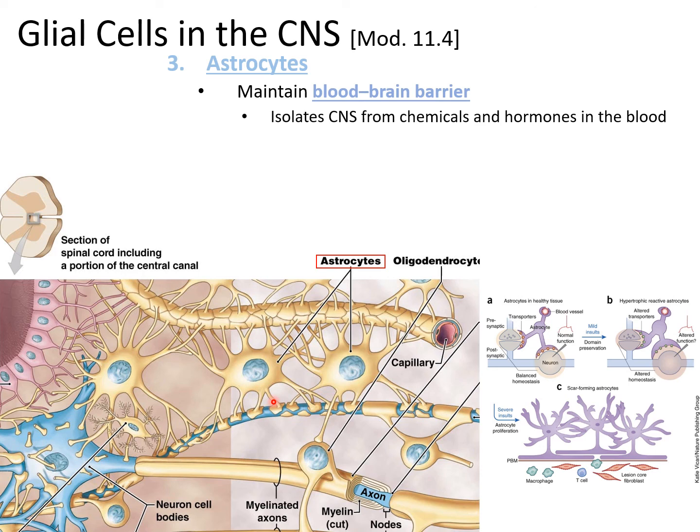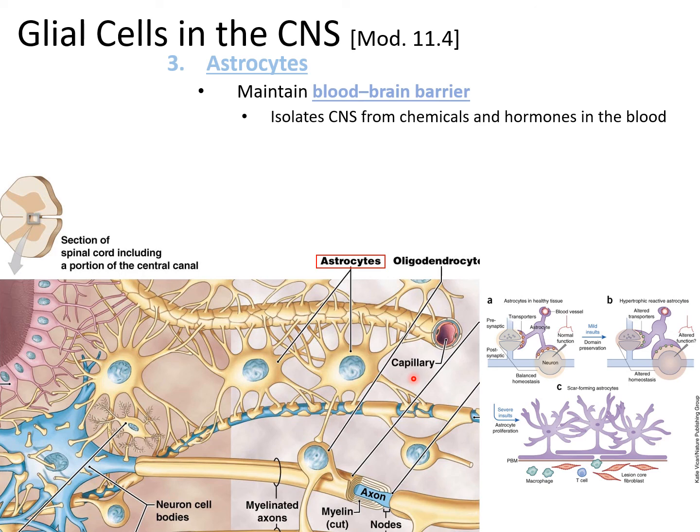First of all, maintaining the blood-brain barrier. You've probably heard of the blood-brain barrier before. Essentially, this is a highly selective barrier, letting very few substances cross from the capillary. So this is a blood vessel right here, across the endothelium of the capillary, across this astrocyte barrier here, and finally into the central nervous system.